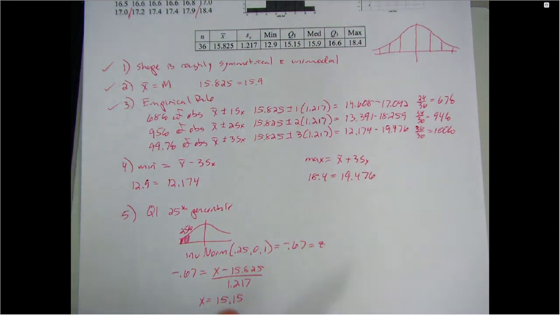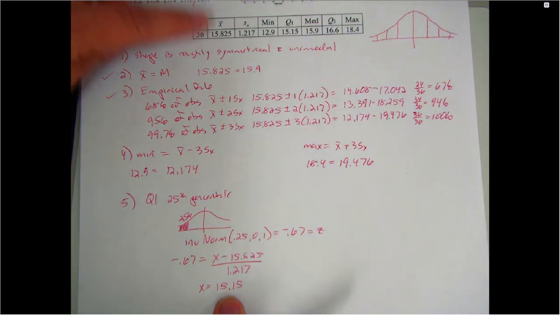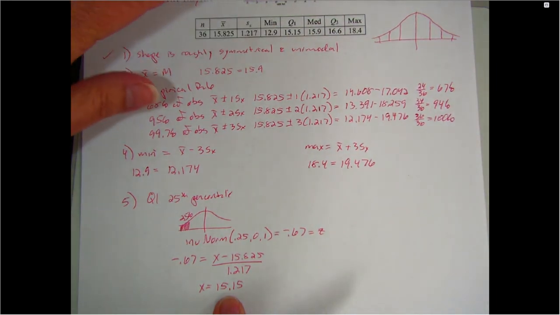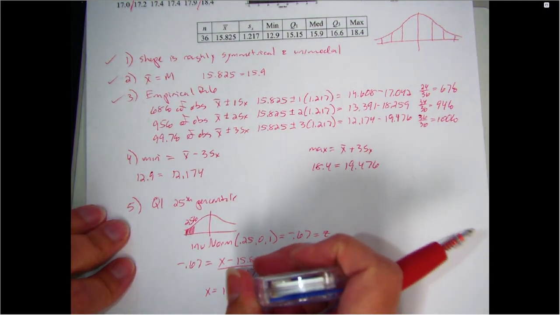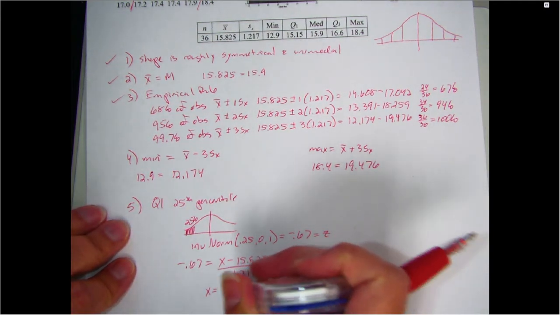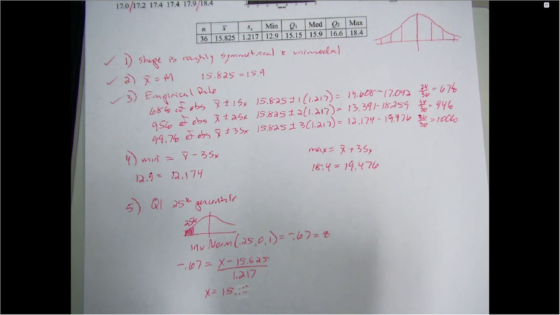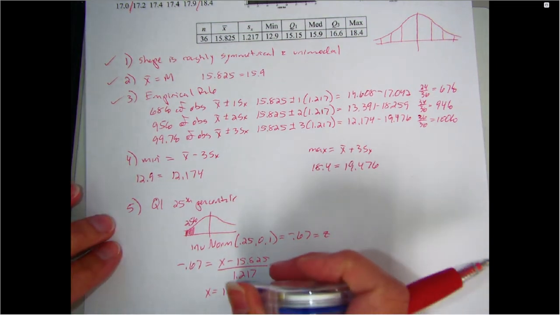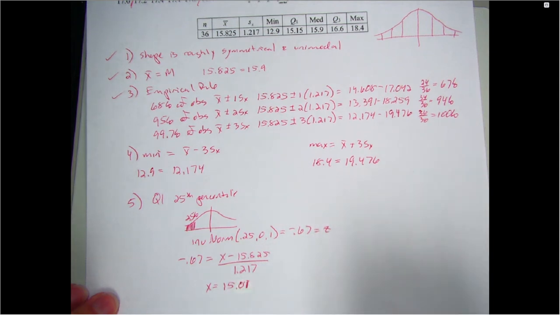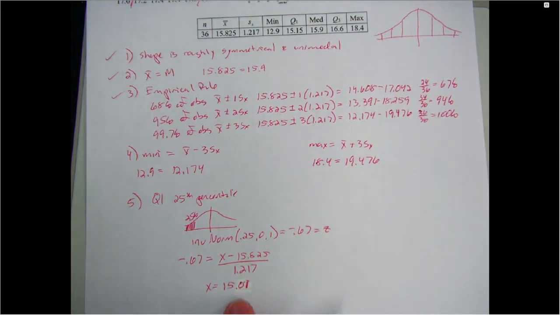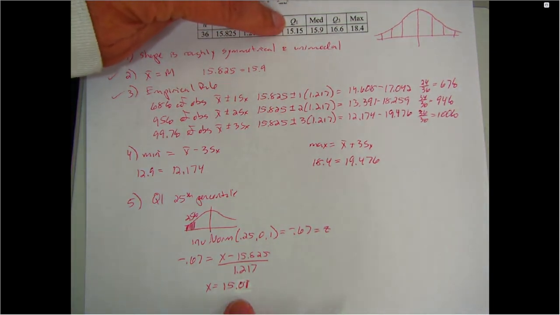So let's see how close that is to my first quartile. Oh, no, it's not. Whoops, that is my first quartile. Sorry, I'm looking at my paper, which I've already calculated. Sorry, guys. It's actually 15.01. Okay, but that is very close to my Q1.